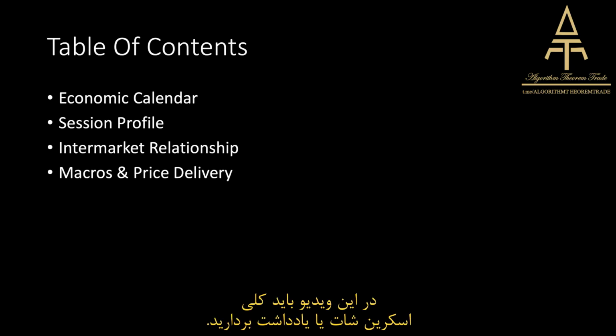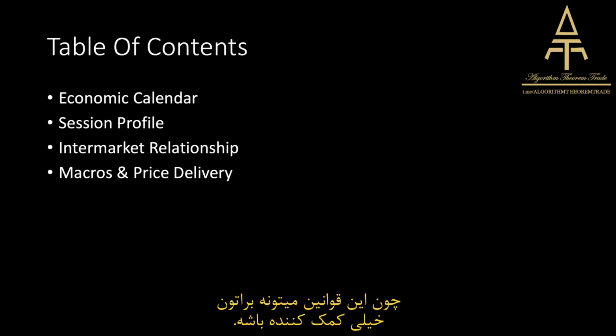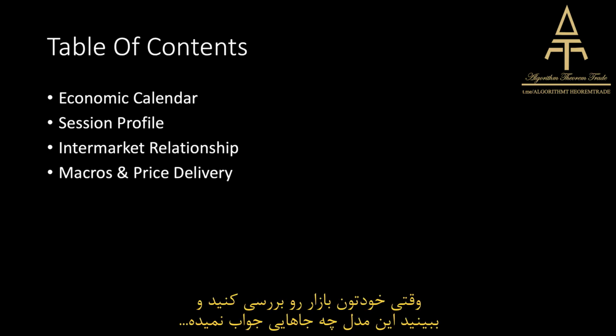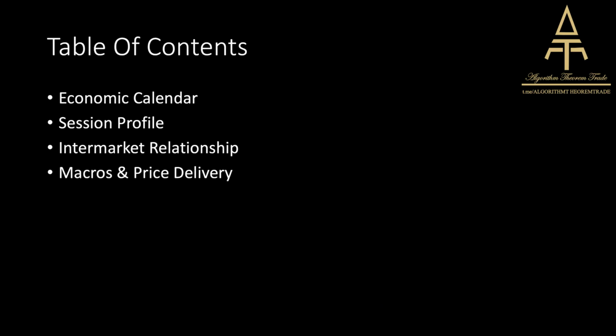This is going to be a lecture in which you will have to take either a lot of screenshots or notes, because these rules will be very insightful down the line. Because when you start studying historical market data and you start studying when the model does not work and when it does work, you will figure out very quickly that the rules that will be presented today are of great influence to determining when the environment is high probability and when it isn't.